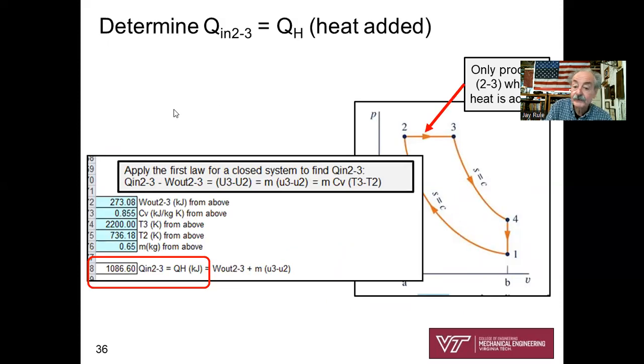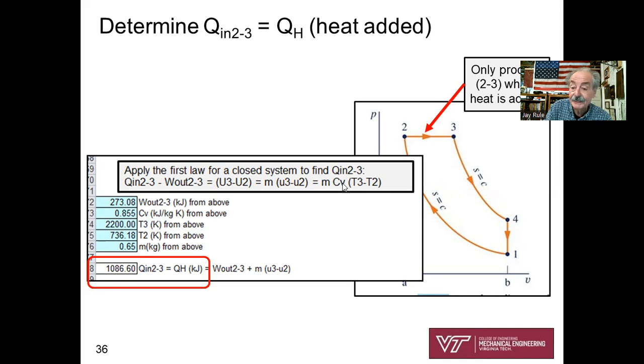Process 2 to 3 is where the heat is added. Again, we'll use the first law. It's easier than table A22. We've got Q in, which is what we're looking for, minus W out, which we just found, equals U3 minus U2. That's mass times CV times delta T, because CV is constant.